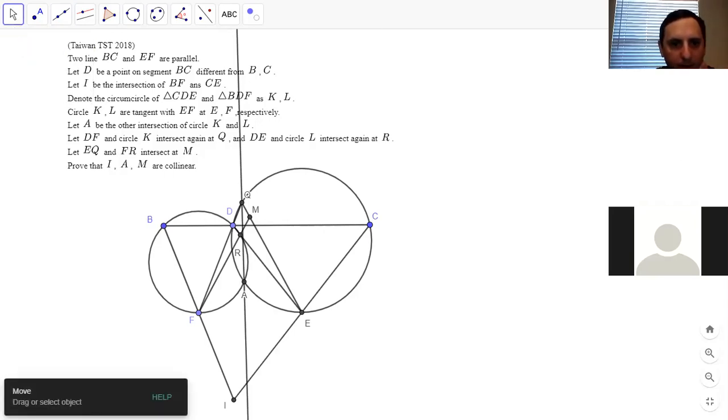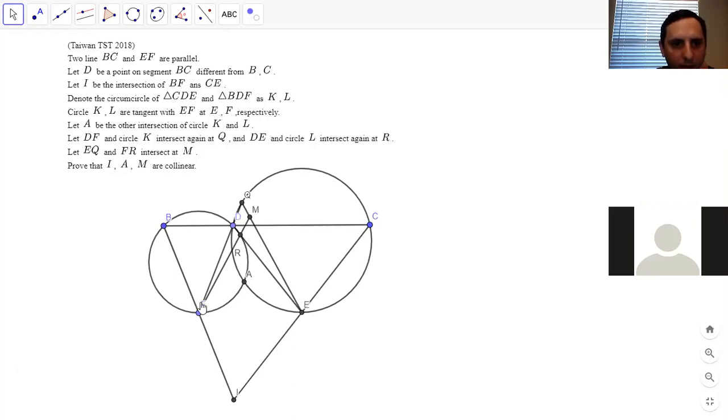Yeah, because it can't be. Is there another point that lies on that line? I don't know if it's worth drawing the centers of those circles.